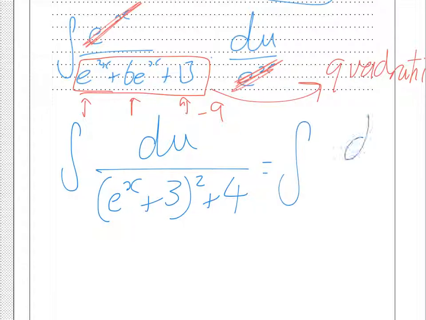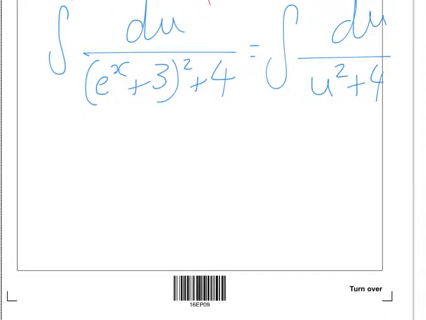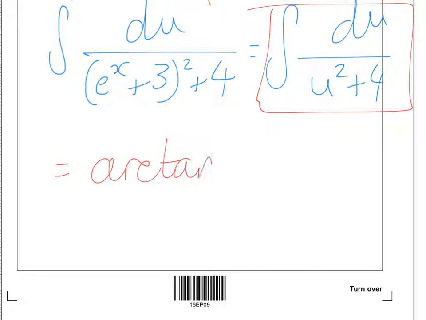Finishing the substitution, we're replacing e to the x plus 3 squared with u squared plus 4. And this one is one of the standard ones that we've seen: x squared plus 4, or x squared plus 1 usually, integrates to arctan of u over 2 plus c.